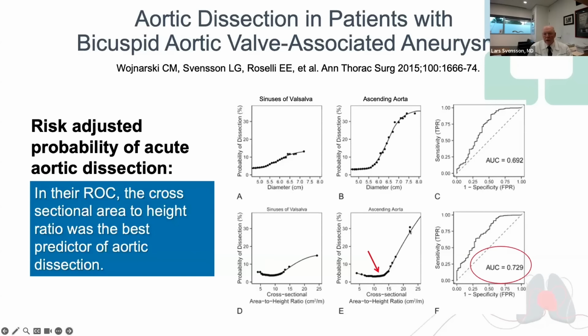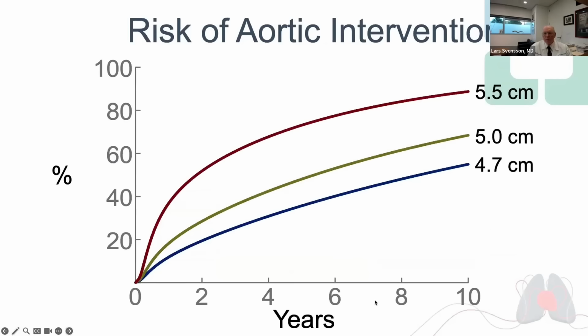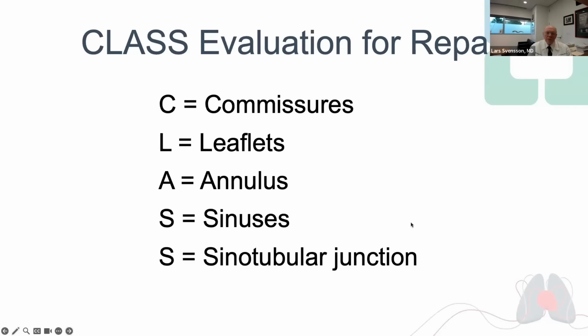And when we looked at this more specifically, or all the indications or parameters to use for timing of surgery, the cross-sectional area to height is the best one. Over time, people started off at 4.7 centimeters, 50% needed surgery within 10 years, and the larger the size, the more risk of needing surgery.